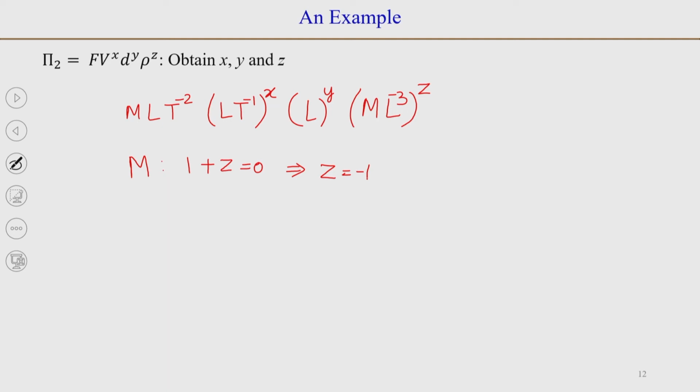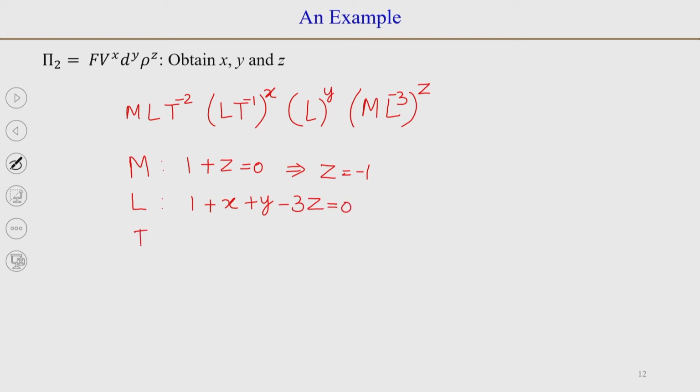When we combine the exponents of L, we will get 1 plus x plus y minus 3z is equal to 0.